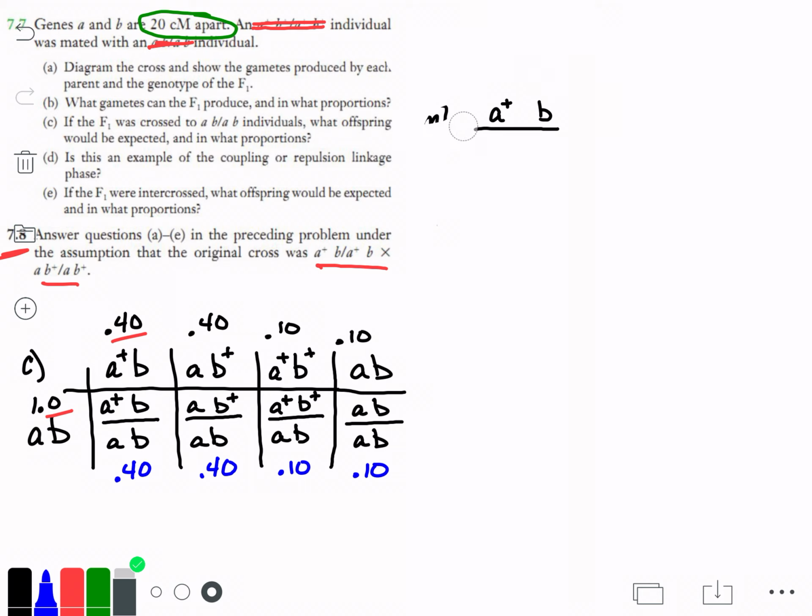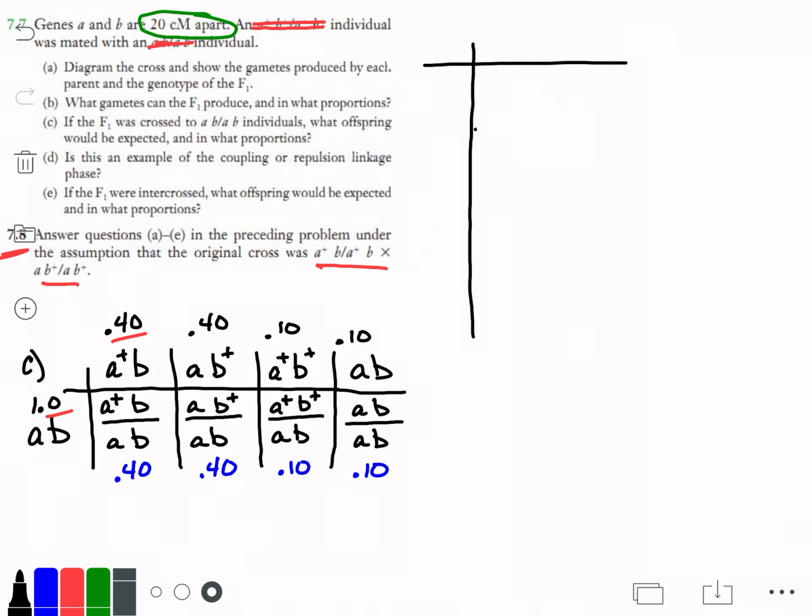I hope I have enough room here. We'll still put our alleles that we can get across the top. And it doesn't matter what order you write them in, but I'm trying to be consistent here.